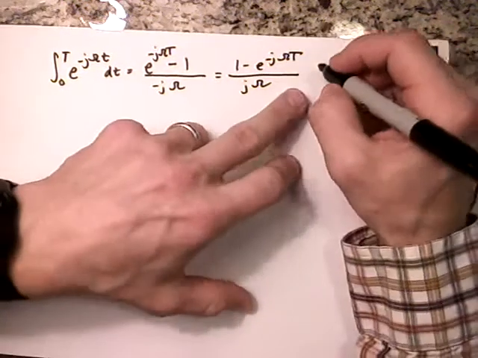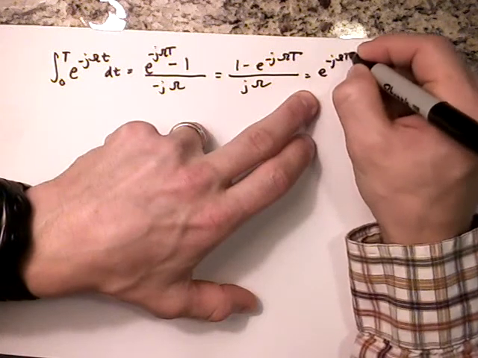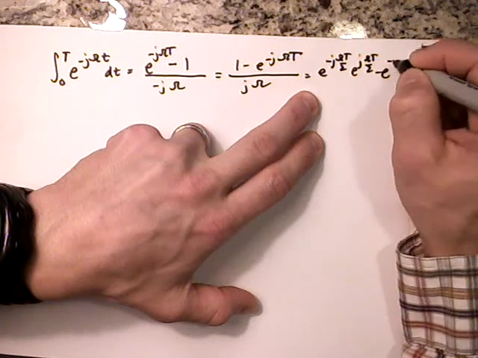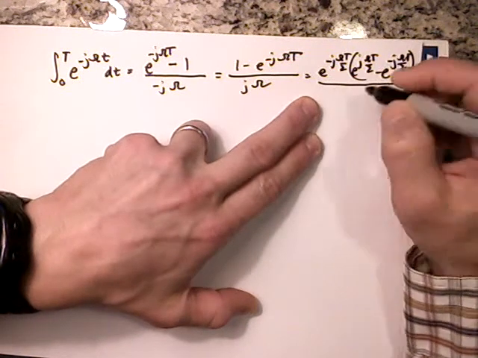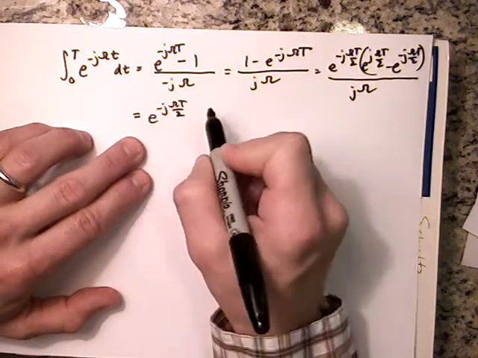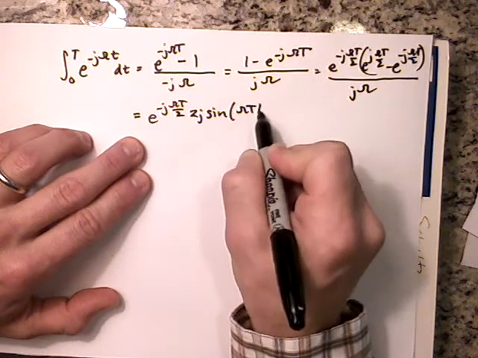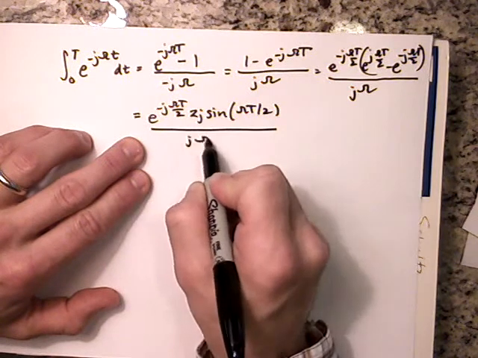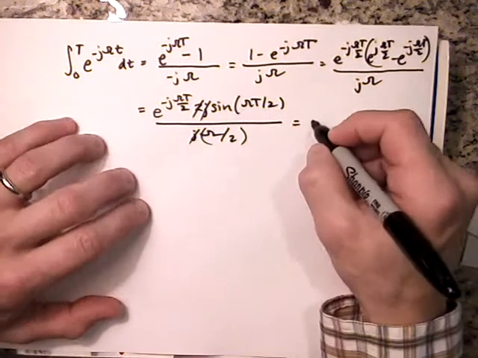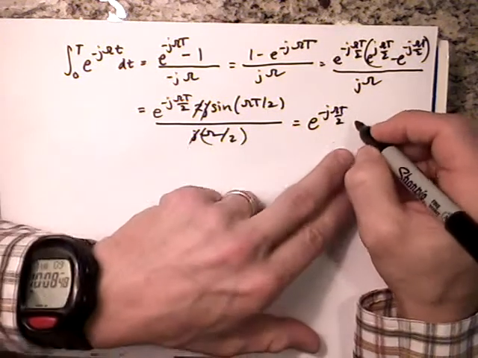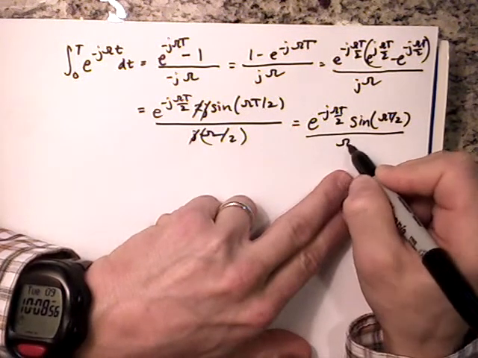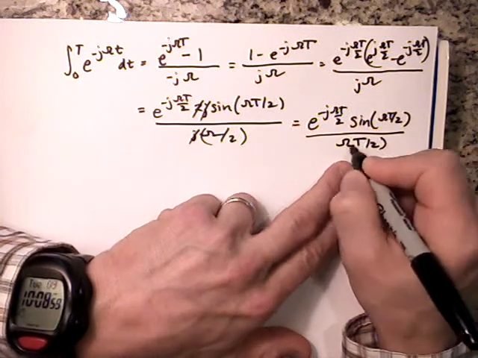So the numerator is now going to give us e to the minus j omega T over 2 times e to the j omega T over 2 minus e to the minus j omega T over 2, over j omega. So that's e to the minus j omega T over 2 times 2j sine omega T over 2, over j omega. The j's cancel. I'm going to put the over 2 down here. So that gives me e to the minus j omega T over 2 times sine omega T over 2, over omega. Now I'm going to write this omega T over 2, and I'll put a T.